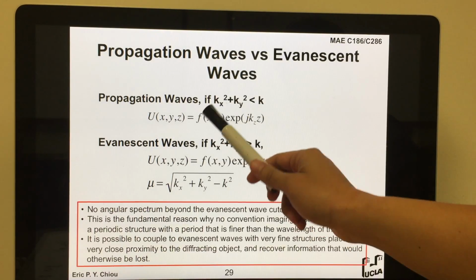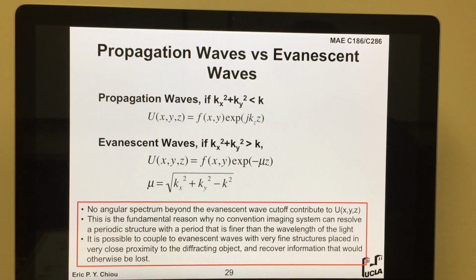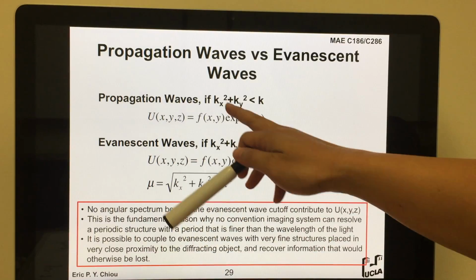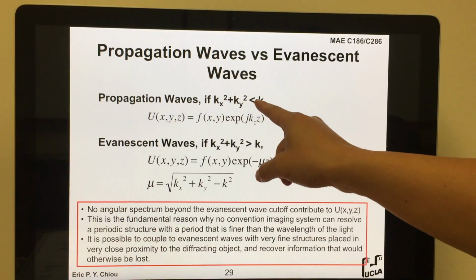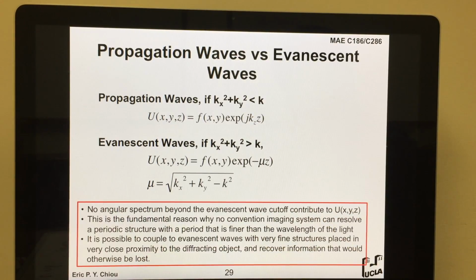Any object, we can decompose into a superposition of different plane waves, right? But the spatial frequency of these plane waves will be limited. Based on the wavelength of light that you use, kx and ky cannot be bigger than k, right? What if you have a feature that has a very fine pattern?